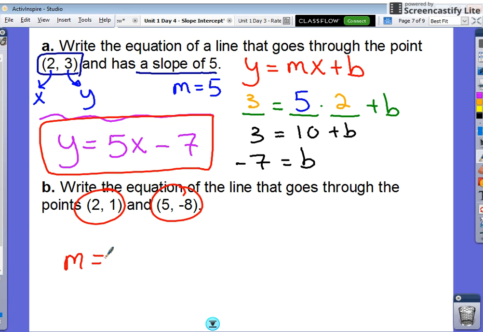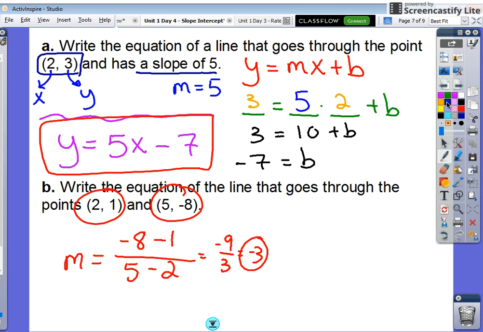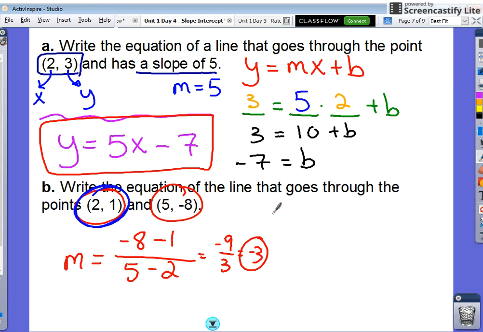And now that you're back, make sure you got the same answers as I did. So -8 minus 1 all over 5 minus 2. That leaves our slope as -9 over 3, which is -3. There's our slope. Now we can choose either of those points. I'm going to choose (2, 1) just because those numbers seem easier to me.